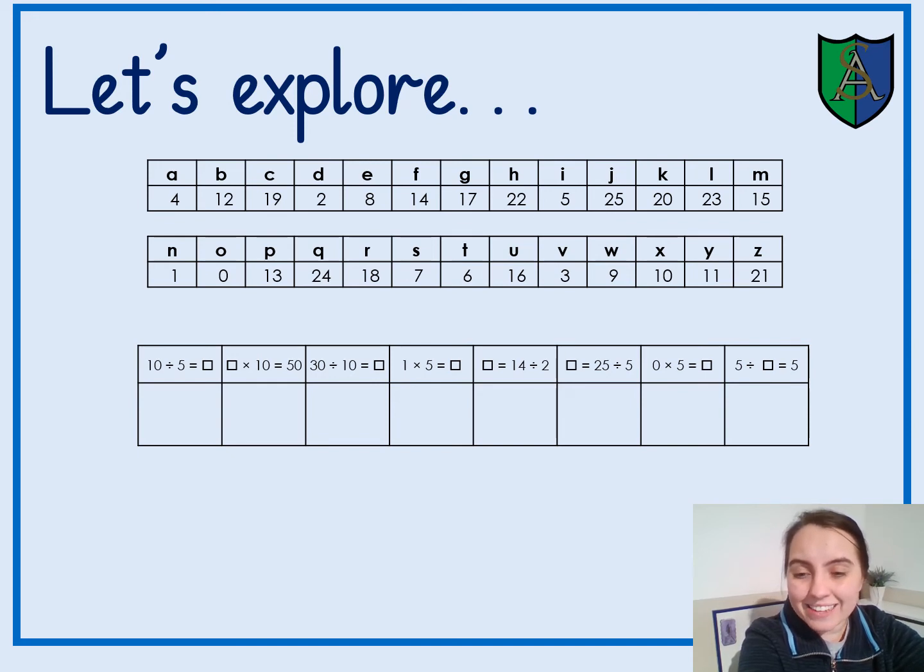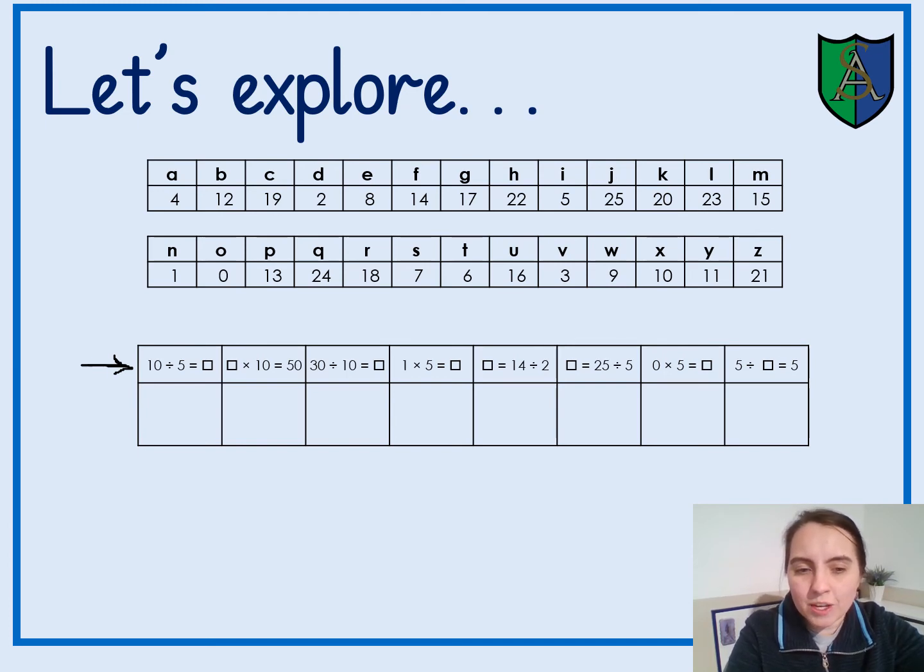And in today's lesson, what you're going to be doing is you are going to become detectives. This is part 1 of your training. You can see at the top of the page, we've got lots of letters, and underneath all of those letters, we've got some numbers. Now, what we need to do is we need to work out the answers to these equations, and they will help us to find the numbers and the letters that match, okay?